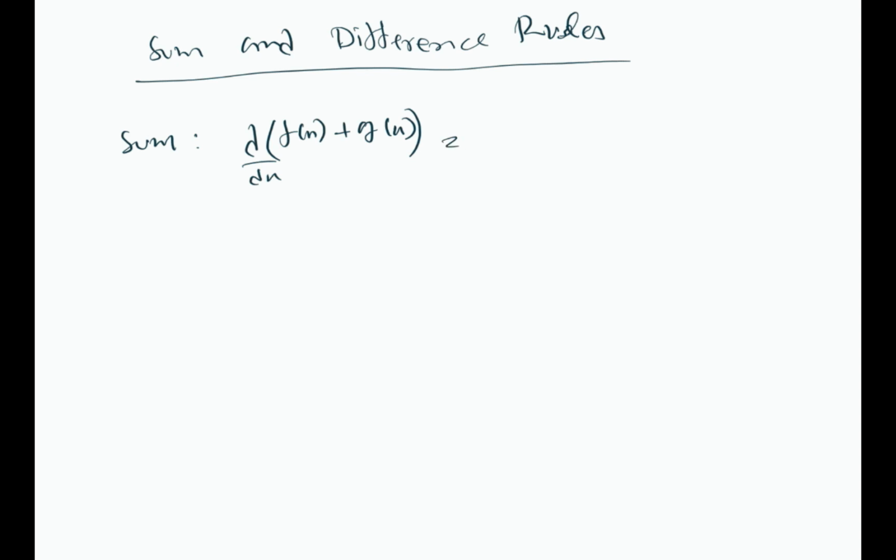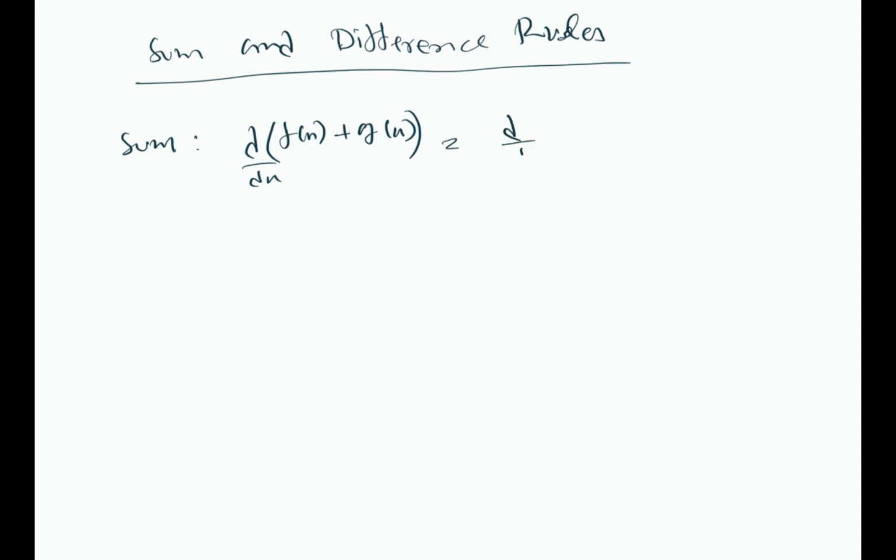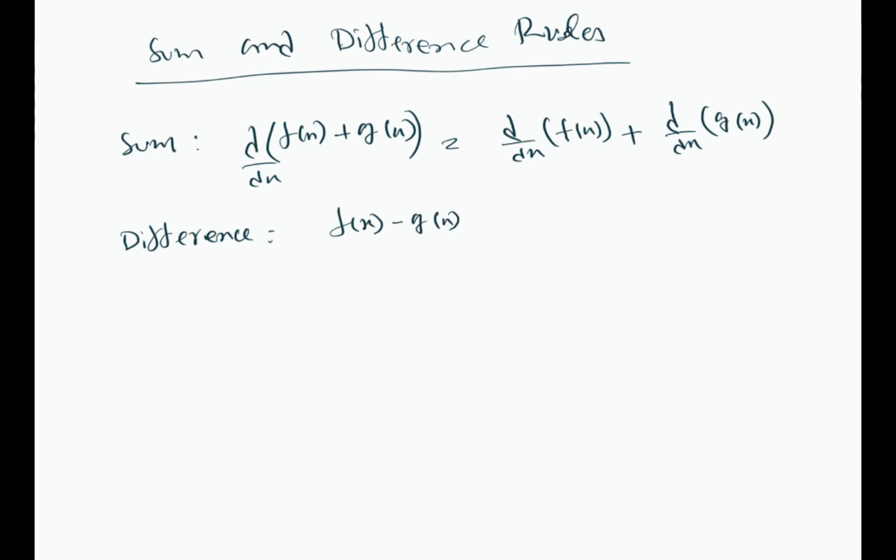So we can write it according to this rule: d/dx of f of x plus d/dx of g of x. And again, when subtracting these two functions, we can write according to the difference rule: our function is f of x minus g of x, and we are taking the derivative of these two functions.